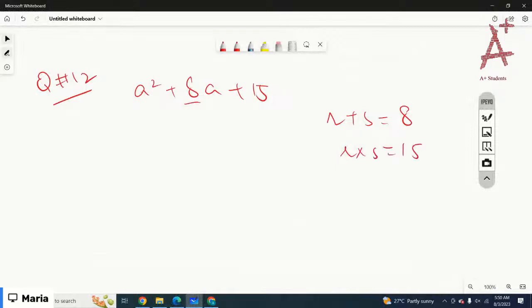What are the two numbers? 5 and 3. 5 times 3 makes 15, and when you add it makes 8, isn't it? So it would be a plus 3 and a plus 5, right?